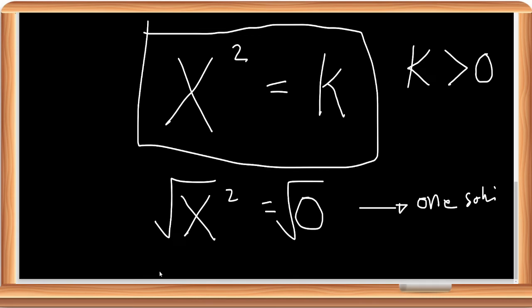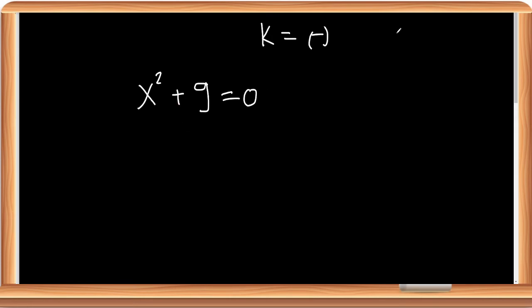Okay. Magbibigay kasi ako ng bagong example. So, what if we have here, gawin natin yung k as negative. Sabi ko nga, dapat lahat positive. Kung ang k mo is a negative number, like for example, we have x squared plus 9 is equal to 0.